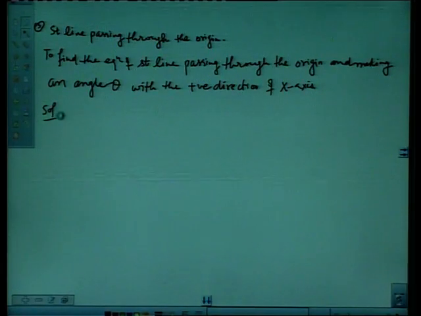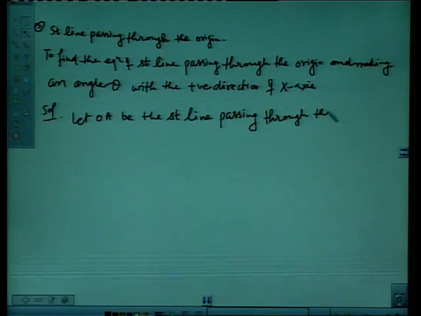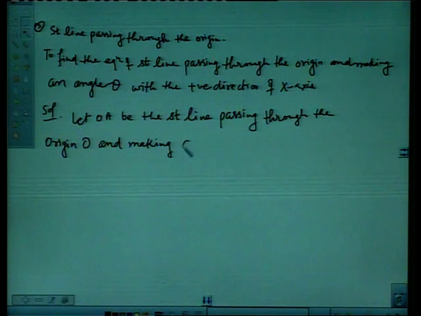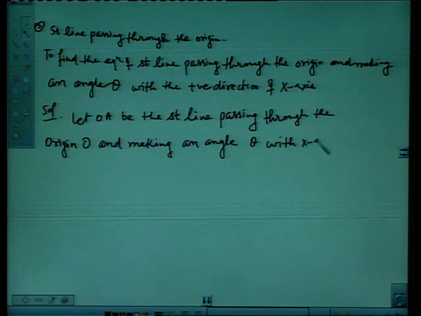Solution: let OA be the straight line passing through the origin O and making an angle theta with x axis.